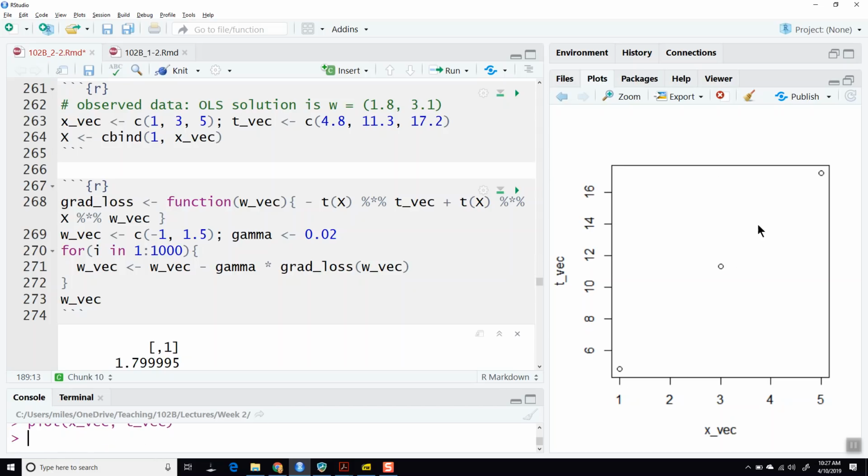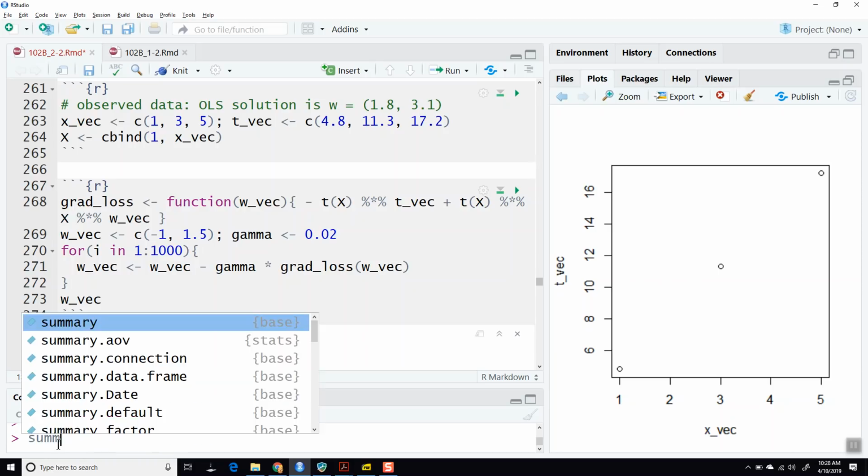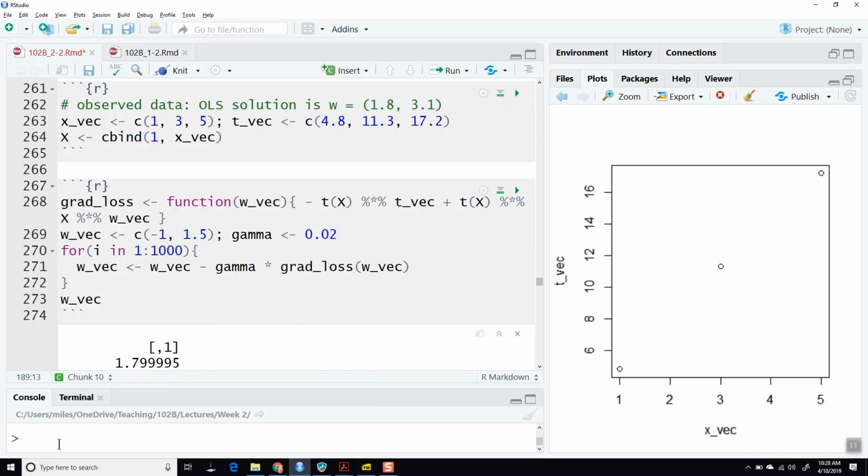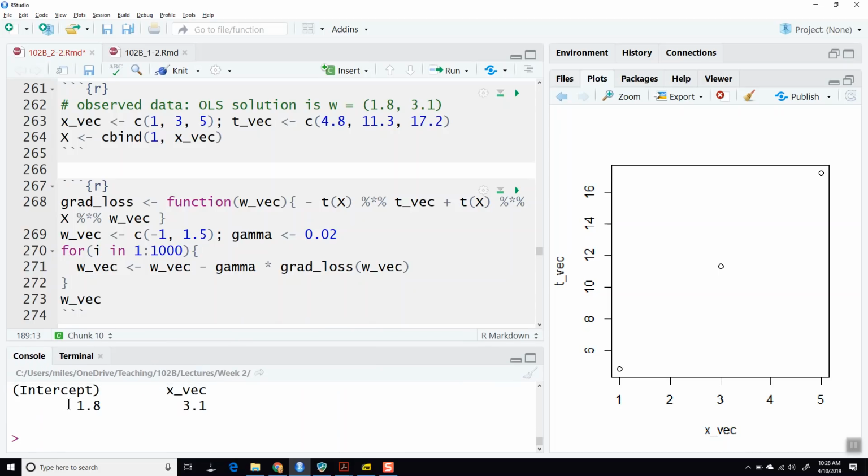Okay, so this is what it looks like, and if I did a linear model of t as explained by x, we'll find that the coefficients are 1.8 and 3.1, and if I add a line here, we can see they line up quite closely, but it's not 100% perfect, okay?